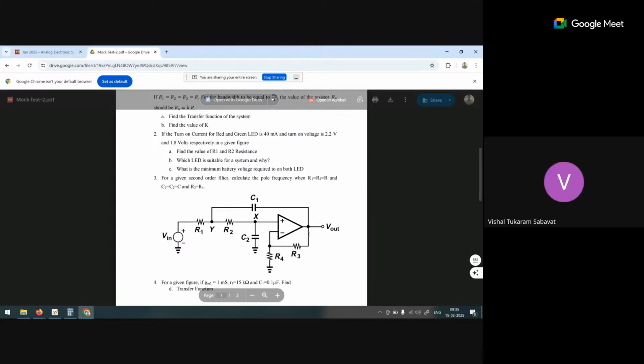Yes, sir, exactly. Okay. So I just draw the figure. The figure should be like that. This is the battery. Will be connected with R1.